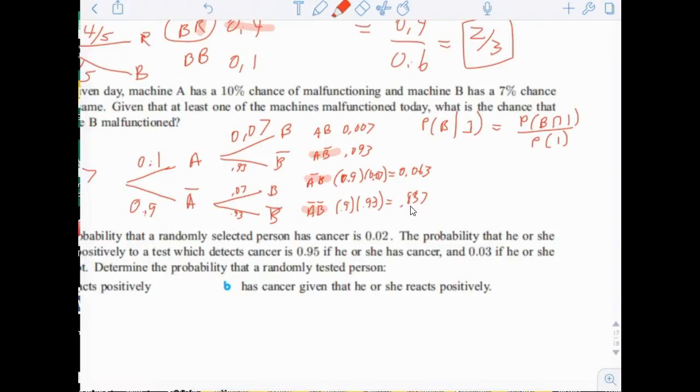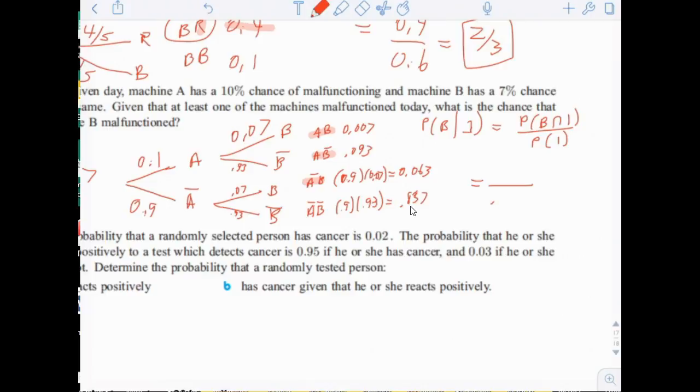I keep forgetting that when there's no line, that means it breaks. Okay. So I'm going to add those three up, and then I'm going to get the probability of 1, the probability of at least one breaking. So it would be 0.007 plus 0.093 plus 0.063. So the probability of at least one breaking is 0.163.